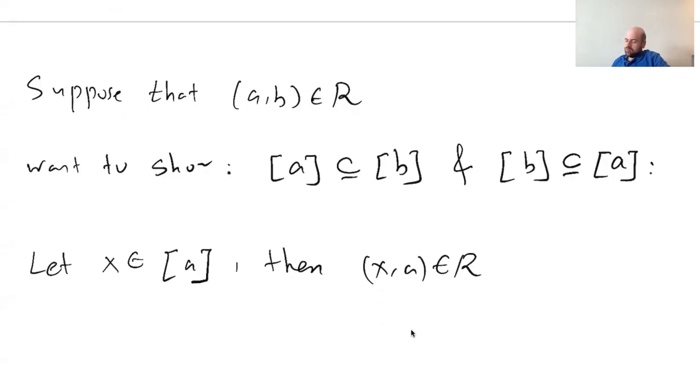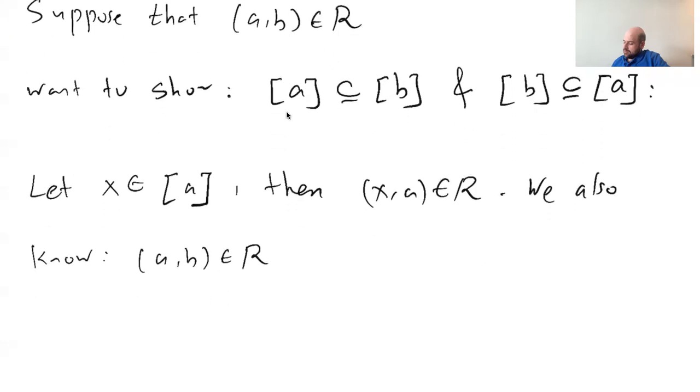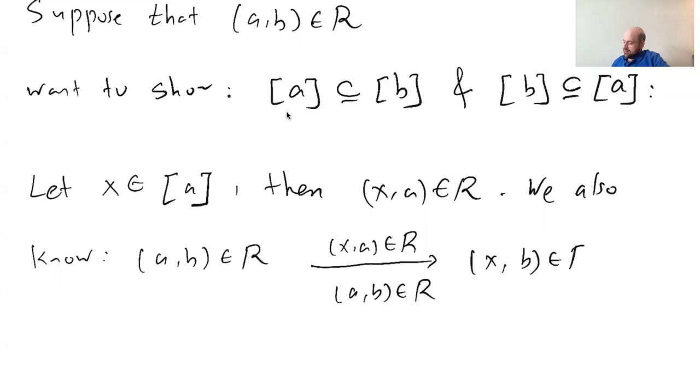What else do we know? Why do I want to use this one? Because I also know that (A, B) is in R. So these two together imply that (X, B) is in R, right?